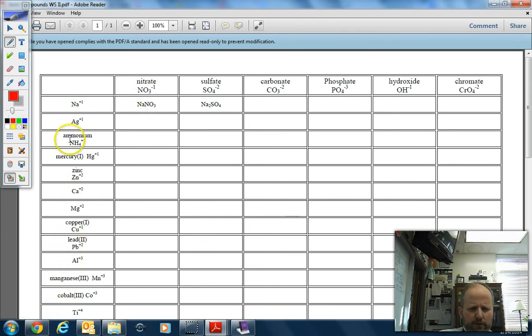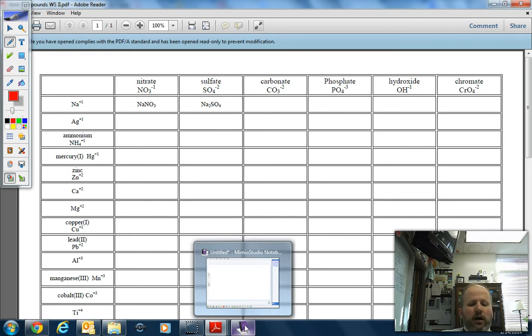There's one little weird thing here. But everything on the top is no longer just a nonmetal. You will not find nitrate and sulfate and carbonate on the periodic table. So that's what adds our little interesting aspect to this.